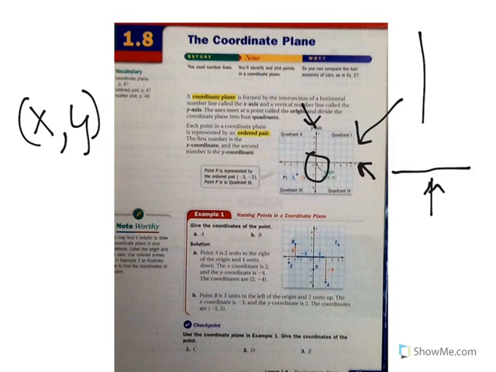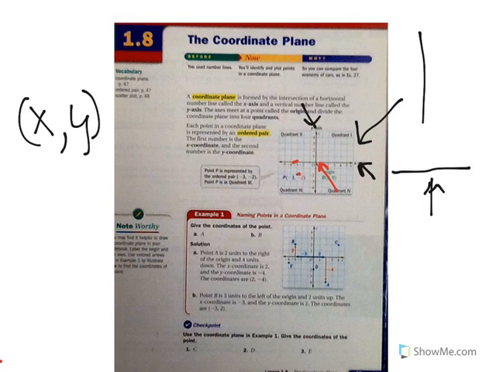So right here, the example point P, you always start at this point right here, the origin. When you start there, at 0, 0, all you have to do is count over. If you look closely, it's 1, 2, 3 over, and then 2 down.